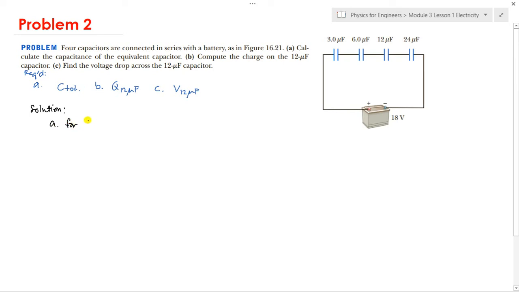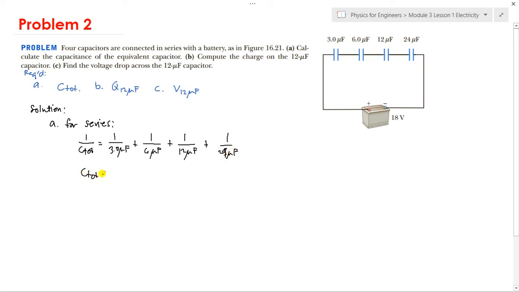So for series, 1 over C total is equal to 1 over 3 microfarad plus 1 over 6 microfarad plus 1 over 12 microfarad plus 1 over 24 microfarad.